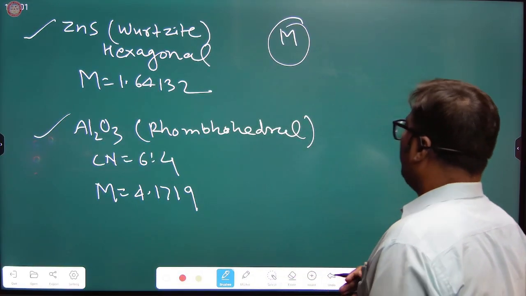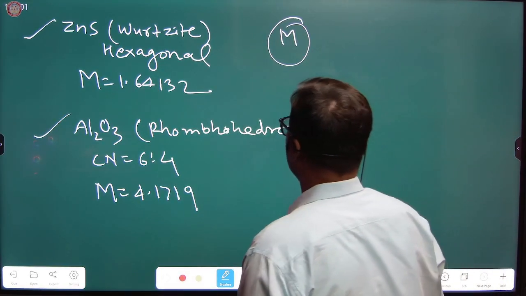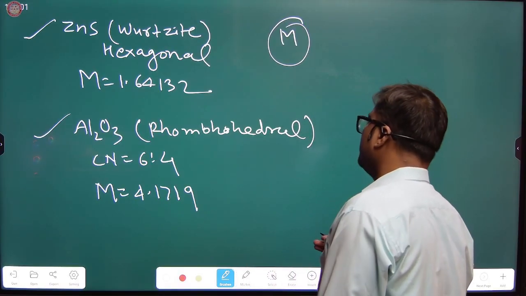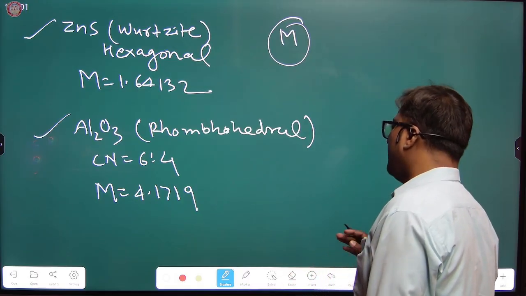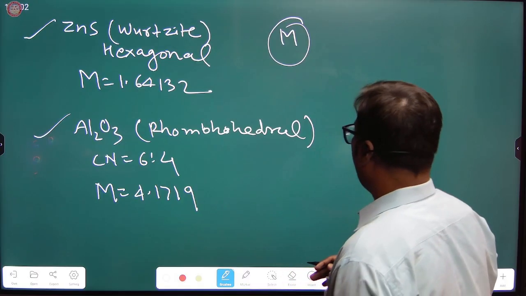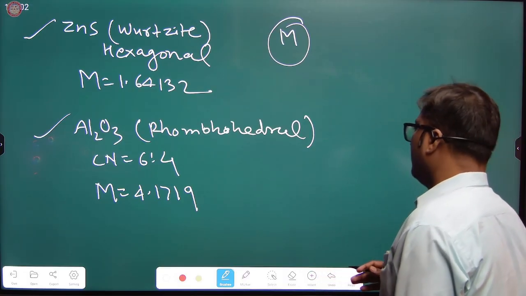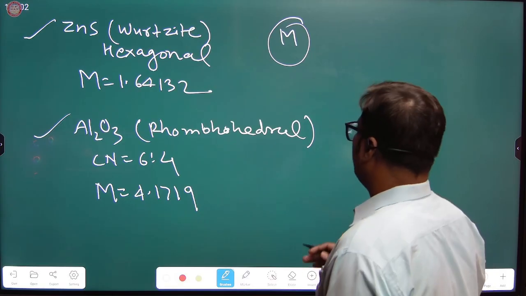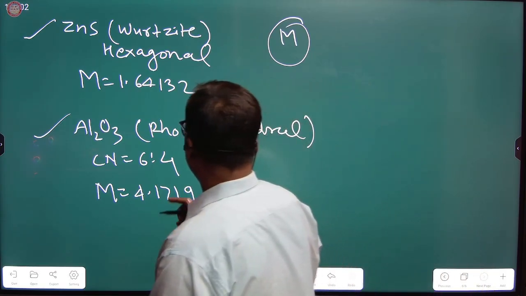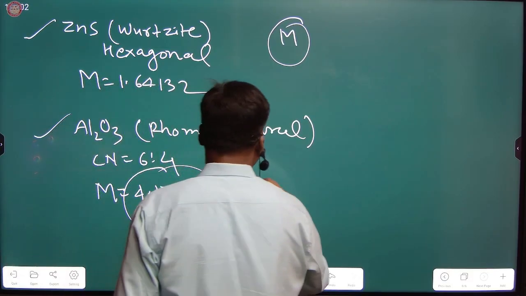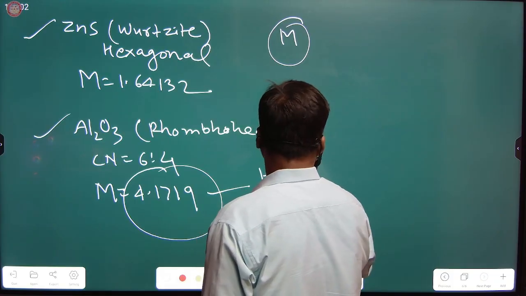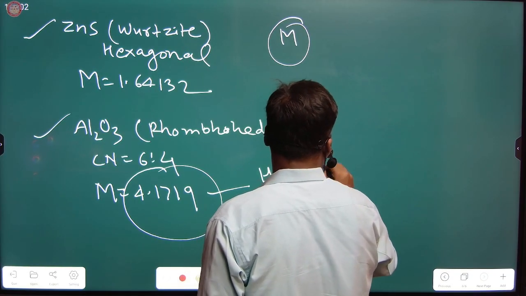We have various examples containing different geometry, coordination number, and lattice structure of the ions. Here we have found that the Madelung constant depends on the geometry. In case of alumina, this is a very high Madelung constant.